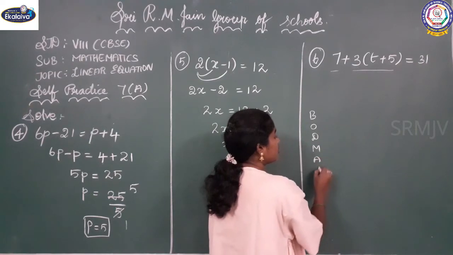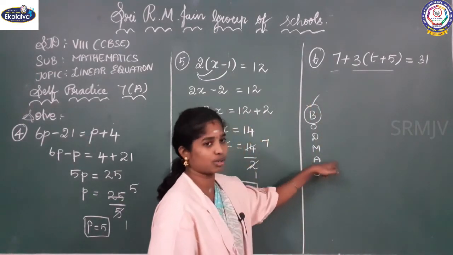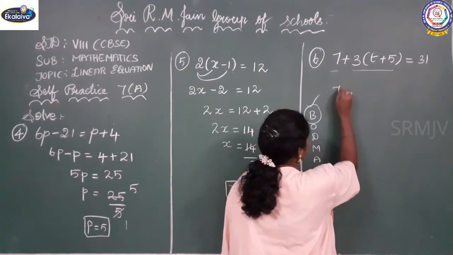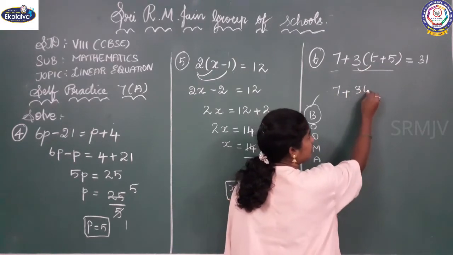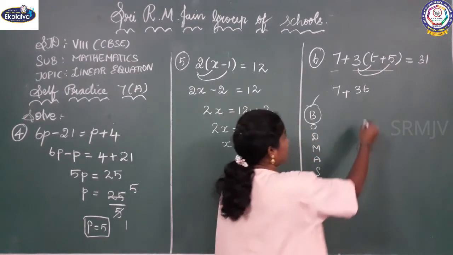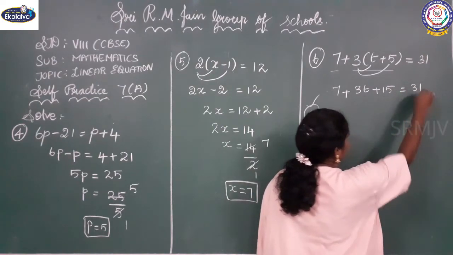First we should calculate the bracket, and then only we have to do the addition parts. Yes, so 7 plus 3 into t, 3t, 3 into 5, 15 is equal to 31.